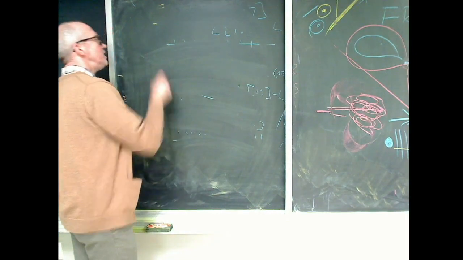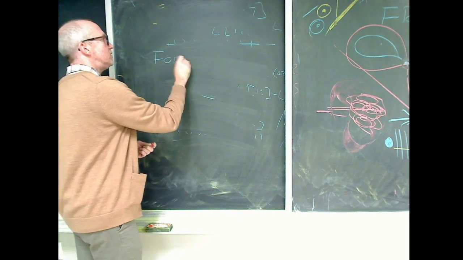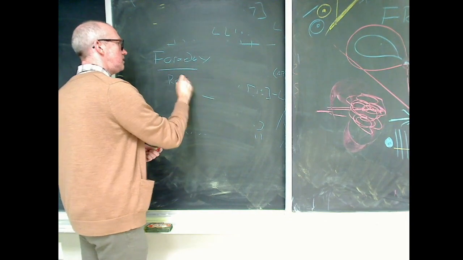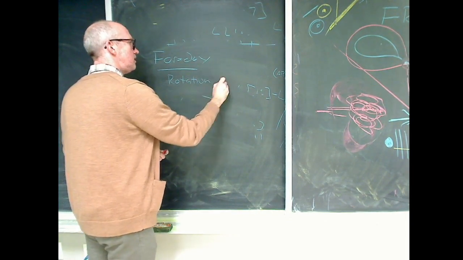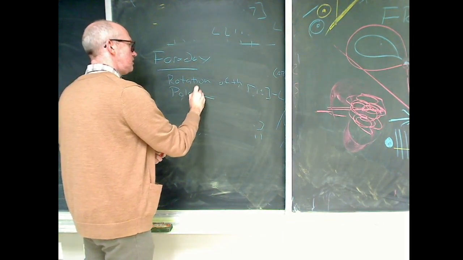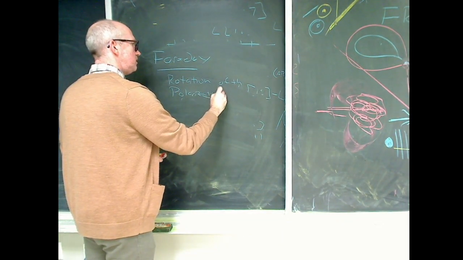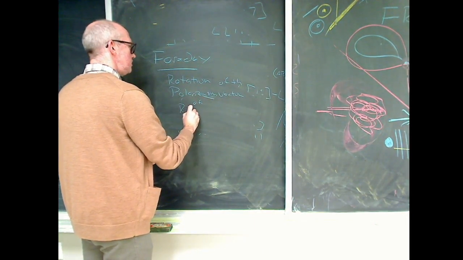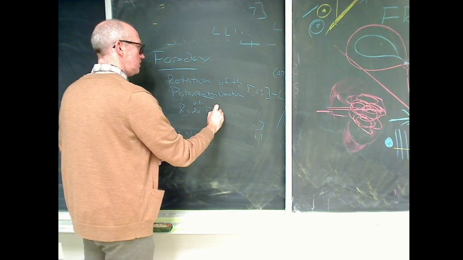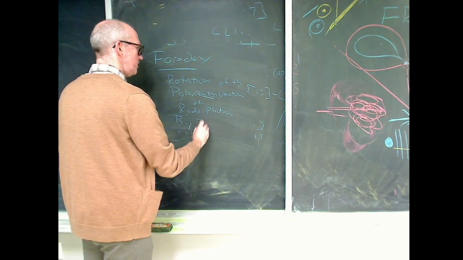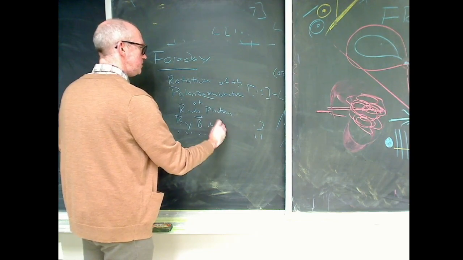So Faraday rotation is the rotation of the polarization vector of a radio photon by magnetic fields in plasma.